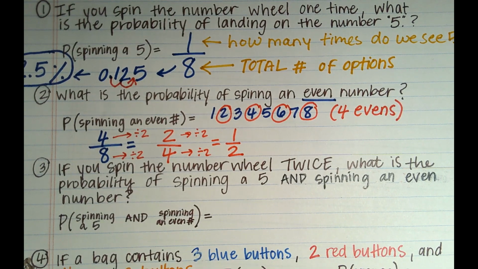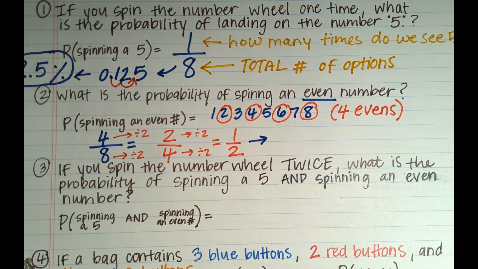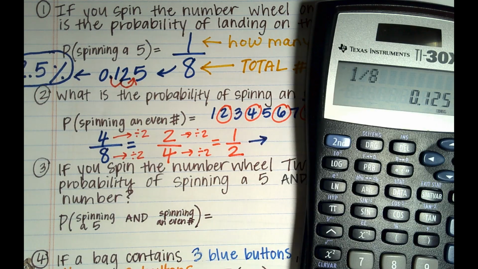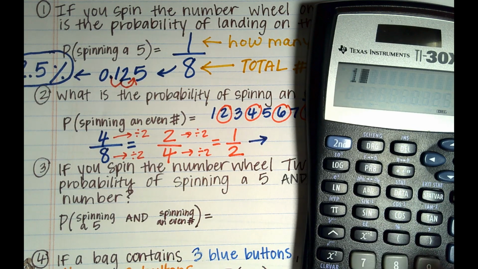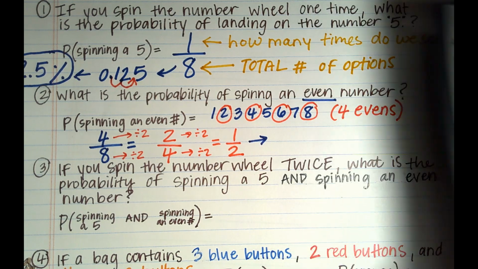So what this tells me is when I spin that wheel, half of the time I'm going to land on an even number. So what would my decimal be? Yes, 0.5. So I just type 1 divided by 2, and I get 0.5.